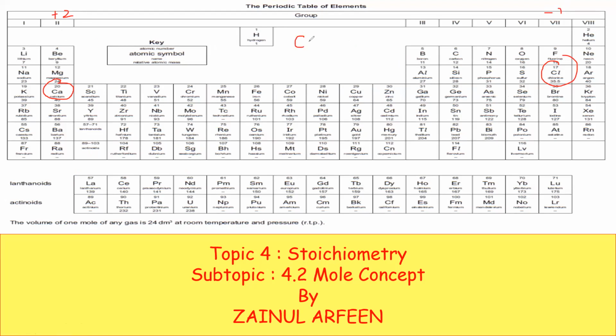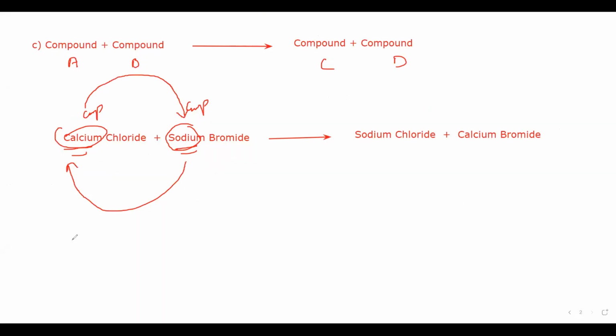So calcium is plus 2, chlorine is minus 1, so calcium chloride will be CaCl2.